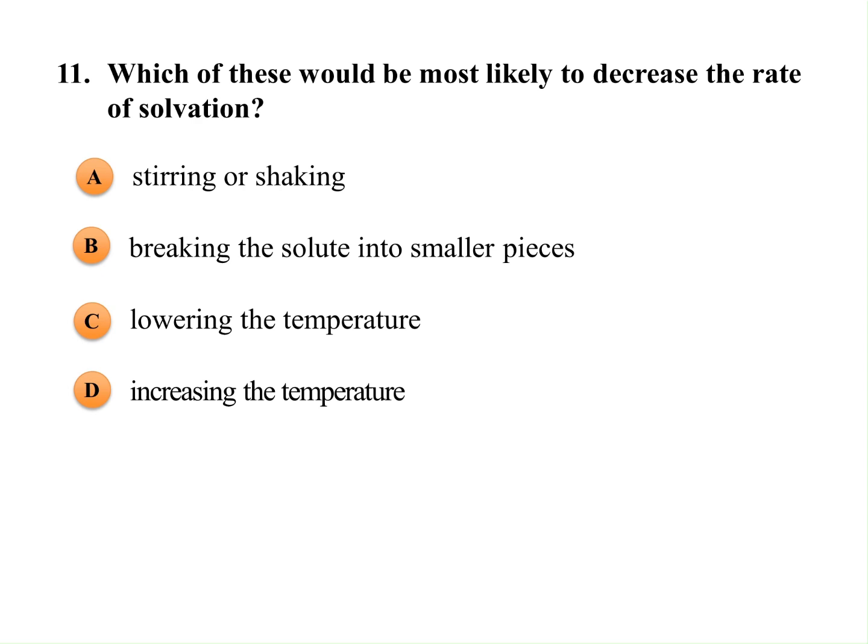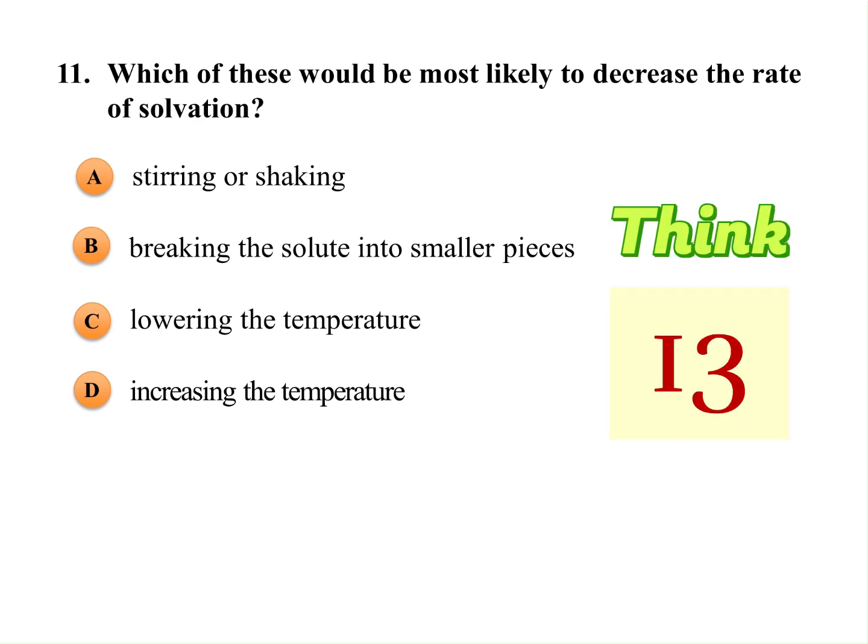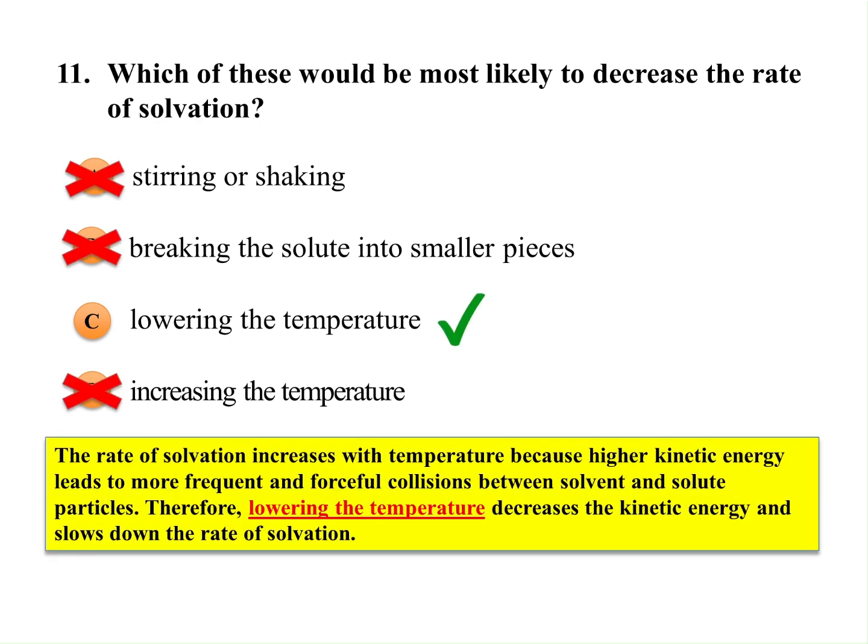Which of these would be most likely to decrease the rate of solvation? The correct answer is C, by lowering the temperature, because lowering the temperature decreases the kinetic energy and slows down the rate of solvation.